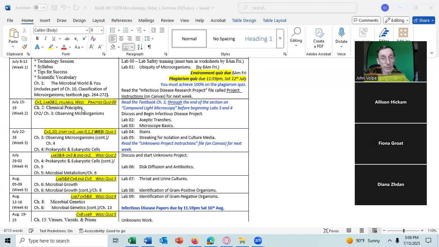All right, there are 2 labs we'll discuss today, and I need to introduce the infectious disease project. This project is starting today, so if you send in a request starting today, I will take them in the order of the request. So the first person who asks for something very specific, pneumonia caused by an E. coli infection, you will get that because you're the first.